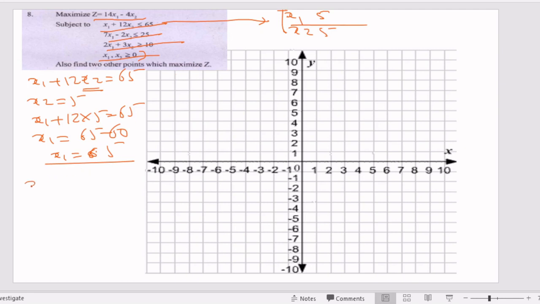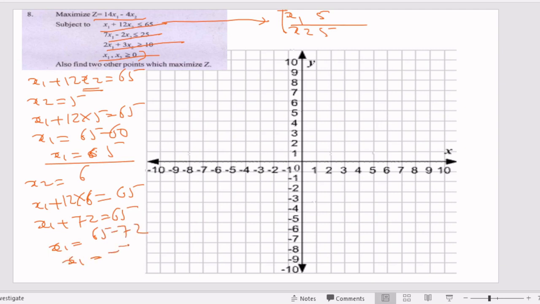Let's substitute x2 = 6. So x1 + 12 into 6 = 65, x1 + 72 = 65, x1 = 65 - 72, x1 = -7. We got another coordinate: when x2 is 6, x1 is -7.